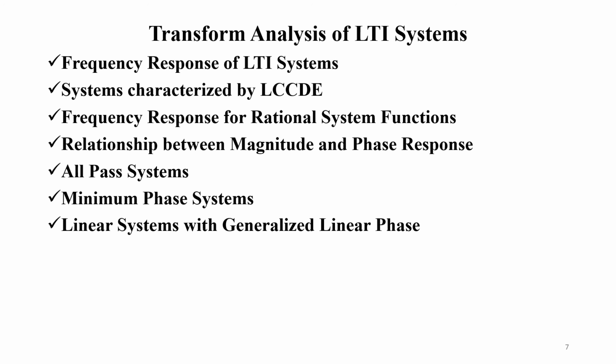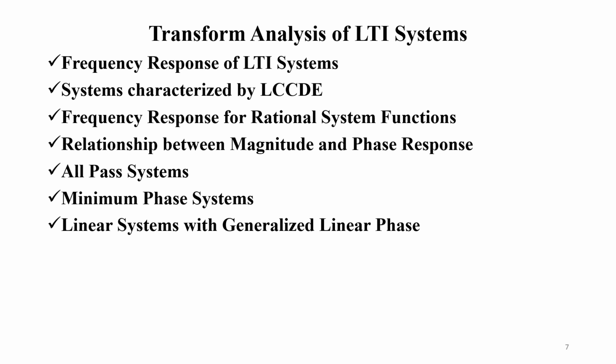With this, we define four different types of linear phase FIR systems. Type 1 is defined as a system that has a symmetric impulse response, with M being an even integer. Similarly, type 2 is also a system with a symmetric impulse response, but in this case M is an odd integer.